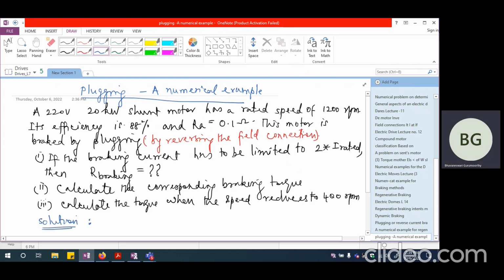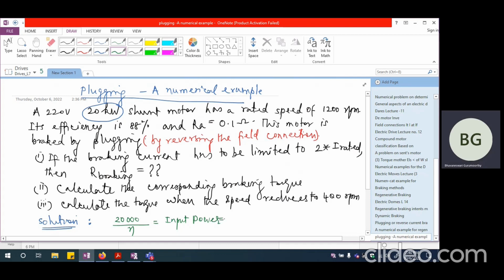So first and foremost thing you have to realize is 20 kilowatt, whatever is given, that is actually the output of the motor. Any of the electrical machines, what is given as the power rating, that is the output power rating that we normally talk about. So 20 kilowatt is the mechanical power output. So 20,000 divided by the efficiency is going to be input power.